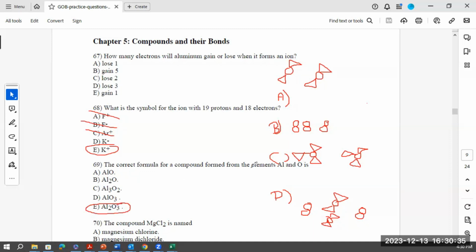Because we know that aluminum has a +3 charge, and then we know that oxygen has a -2 charge. And then you could just do the cross multiply thing, 2 and 3, right? So then you just end up with Al2O3.